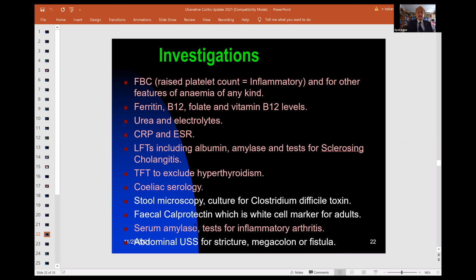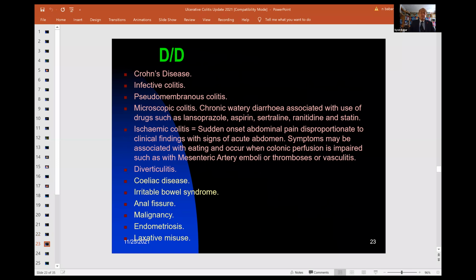Amylase for pancreatitis, tests for inflammatory arthritis such as rheumatoid factor, anti-CCP, and also CRP. The abdominal ultrasound scan is done to look for strictures, wall thickness, megacolon, or fistula. Of course, the hallmark would be colonoscopy, biopsy, and so on.